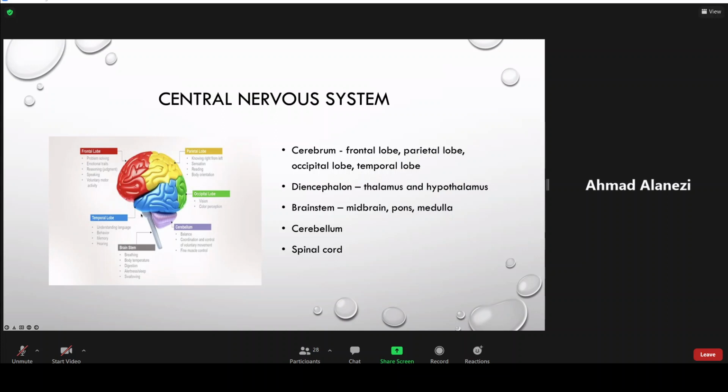So we have a pair of frontal lobes, and then a parietal lobe. They're divided by what structure here? Important structure, guys.